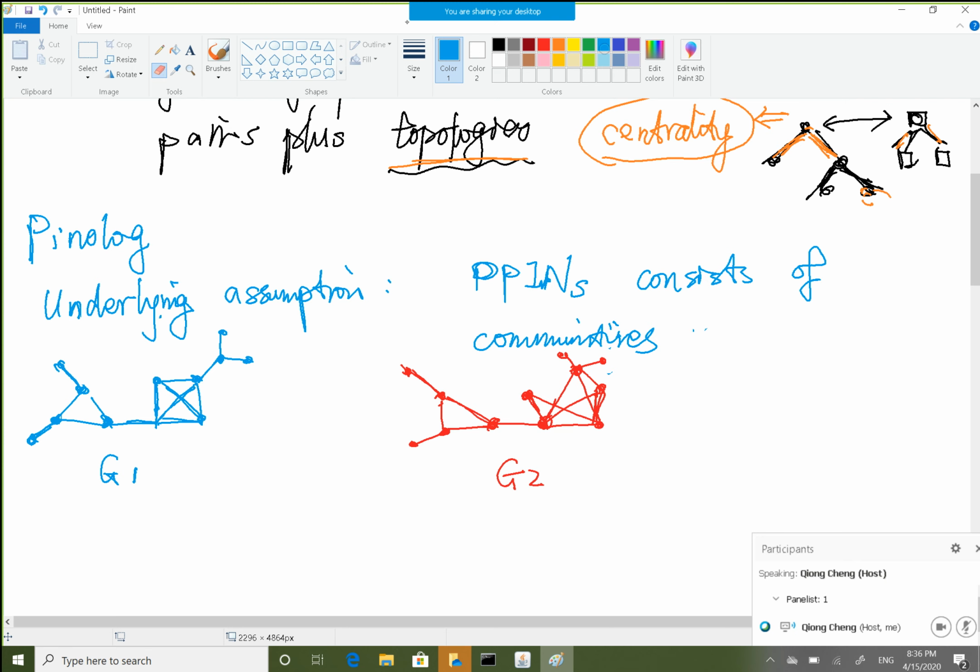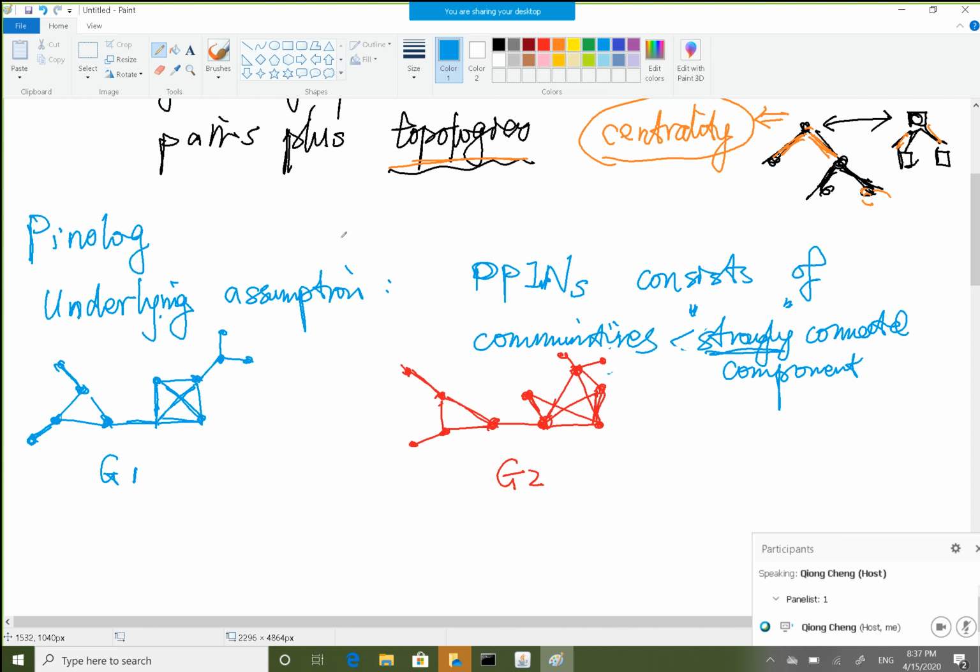Okay, so let me write down here. What is a community? It corresponds to strongly connected components, and even more than this kind of strongly. How strongly could it be?